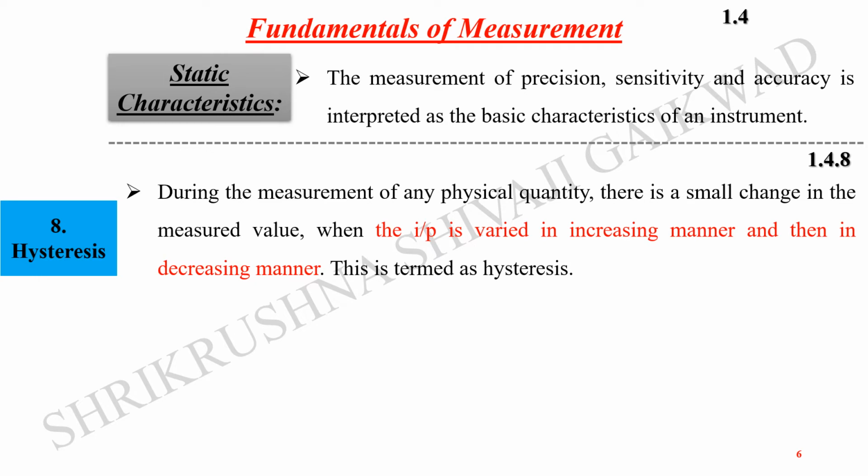You might be quite familiar with another kind of hysteresis, the magnetic hysteresis loop. This is something like a BH curve or the MH curve. We can have something like this for a ferromagnetic material.